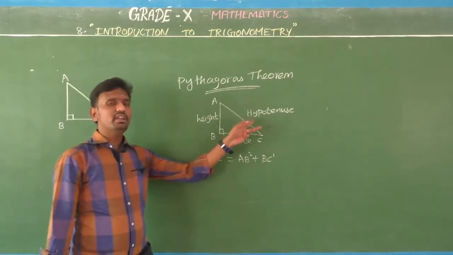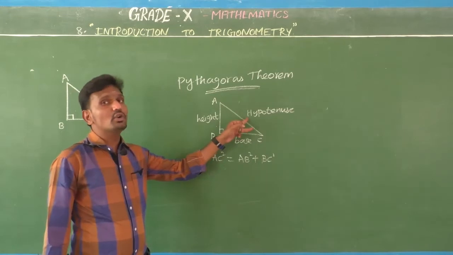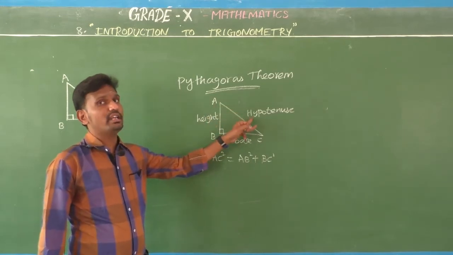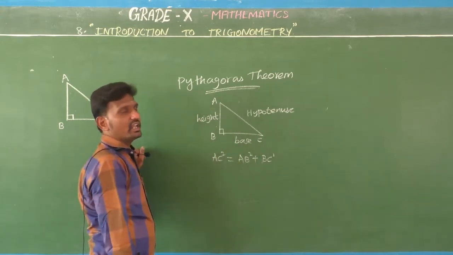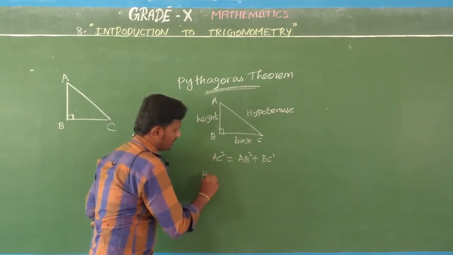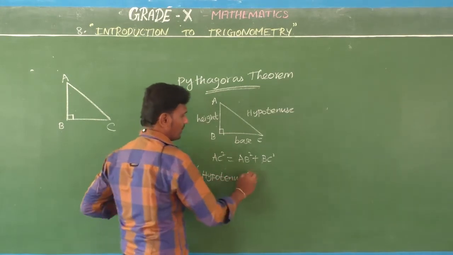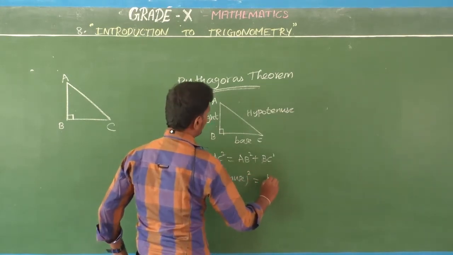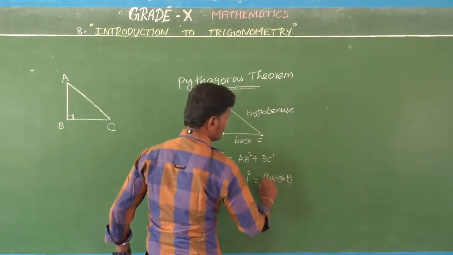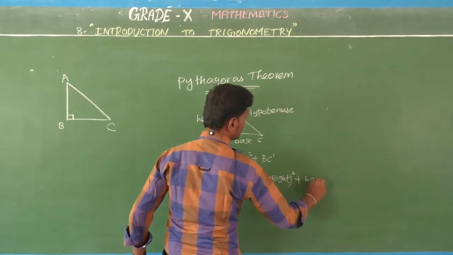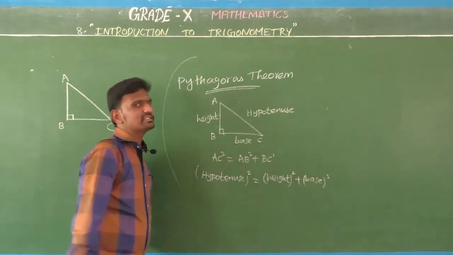So the square of the hypotenuse is equal to the square of the height plus the square of the base. That is what you prepared in your 9th syllabus, students.